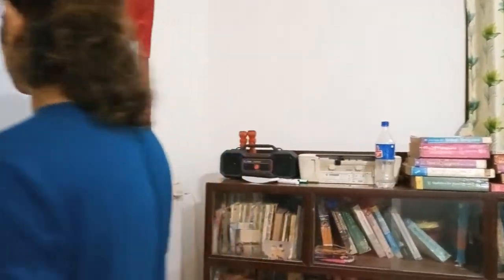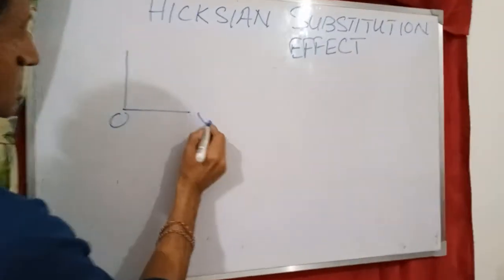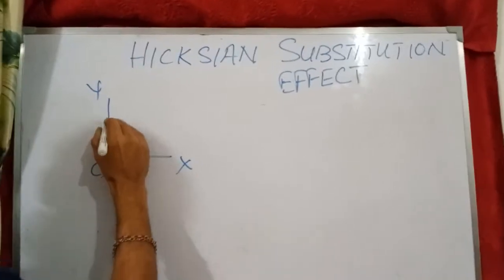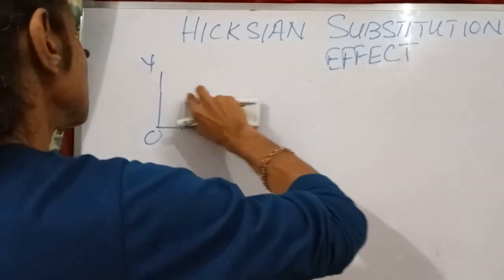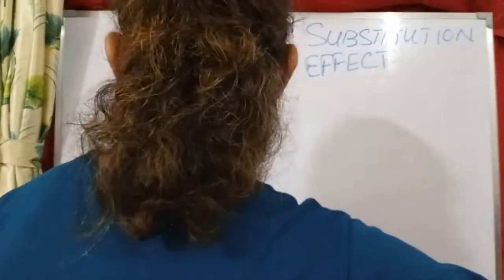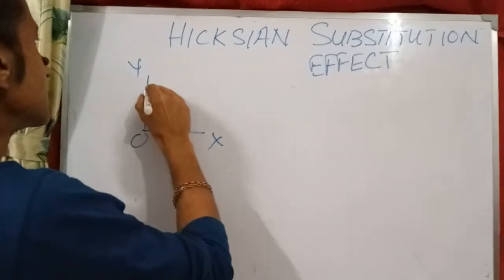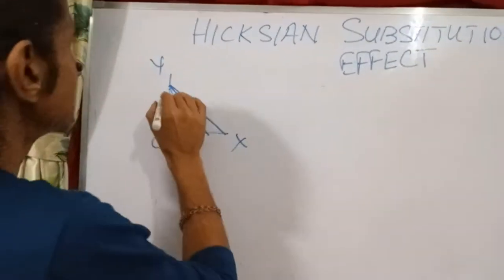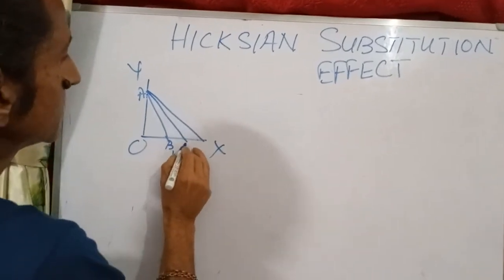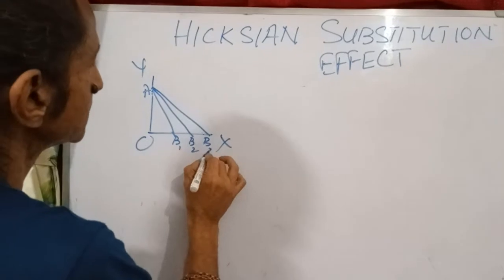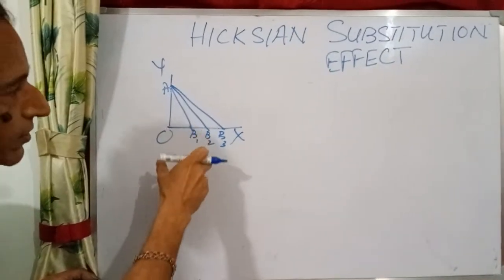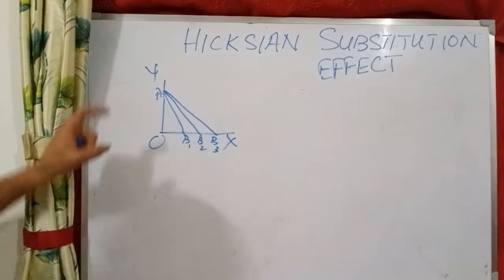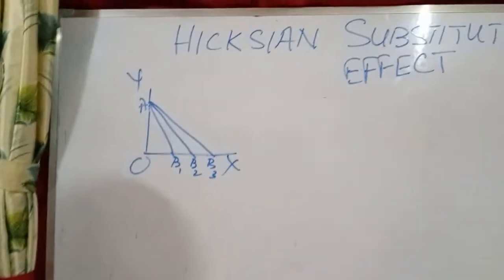Now look at this diagram. Say AB1, AB2 and AB3 are three budget lines for successive fall in price of X, price of Y and money income of the consumer remain unchanged.